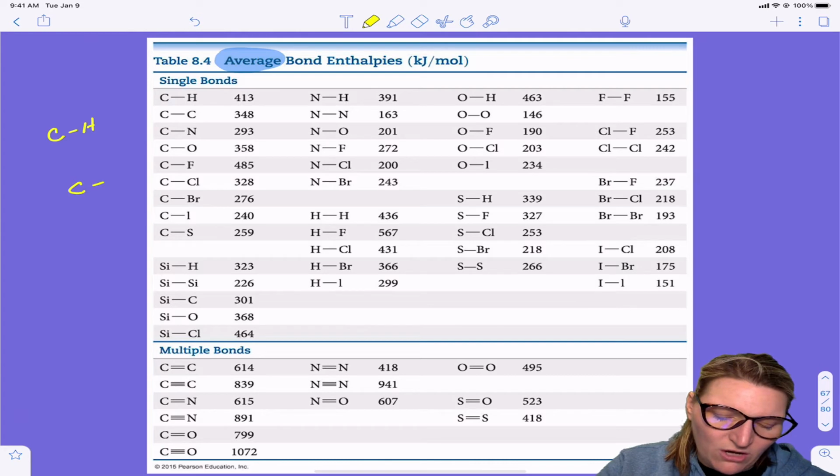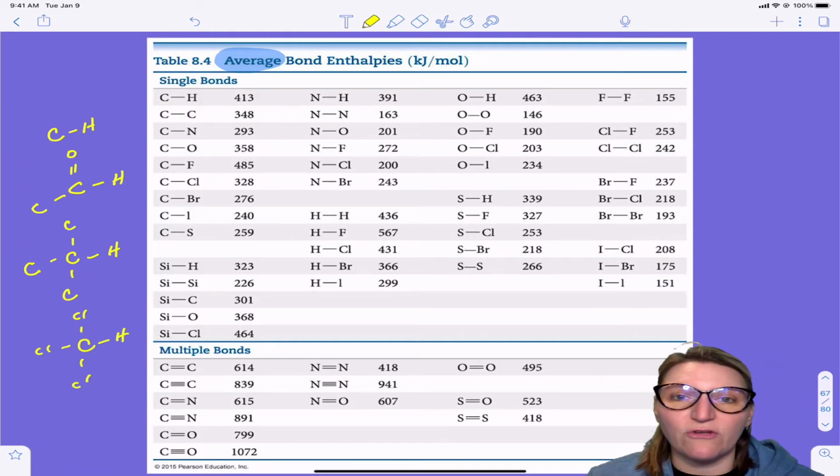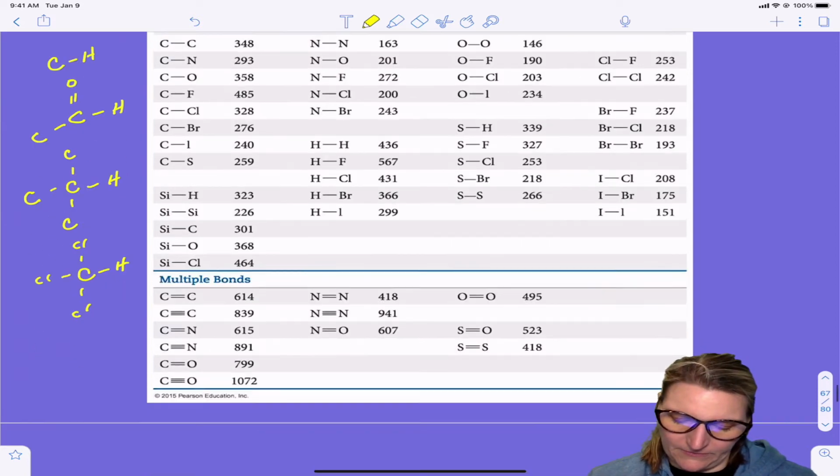But what if this carbon is also bonded to an oxygen and another carbon? What if it's bonded to 4 or 3 other carbons? What if it's bonded to 3 chlorines, a very electronegative element, pulling the electron density away? So that's why this says average. In a specific molecule, it would be a more specific answer.